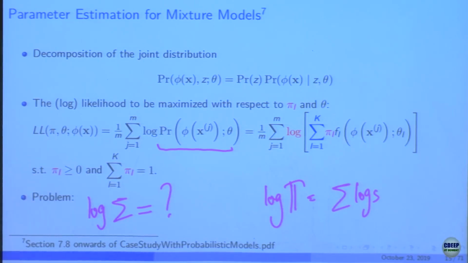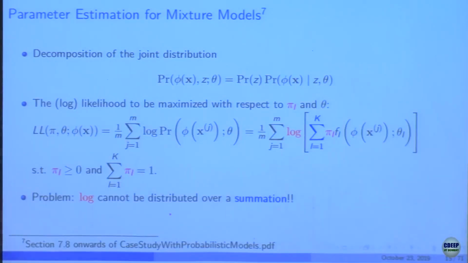The rest is basically just the notation we have developed so far, the probability of x given z i, probability of y equals z i. So log cannot be distributed over summation, what do you do? Do you know some interesting property of log that can be used?